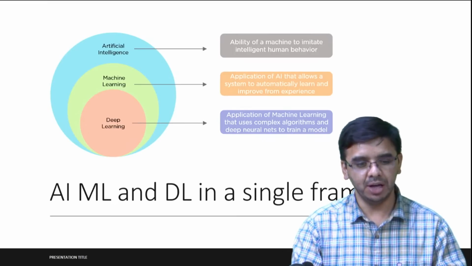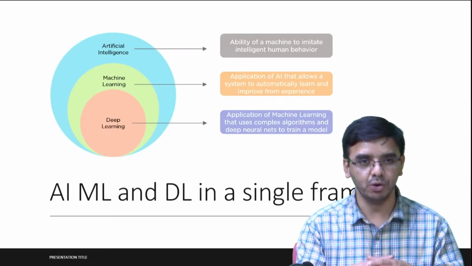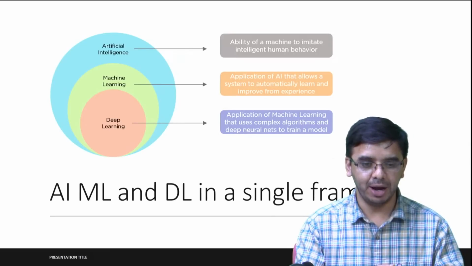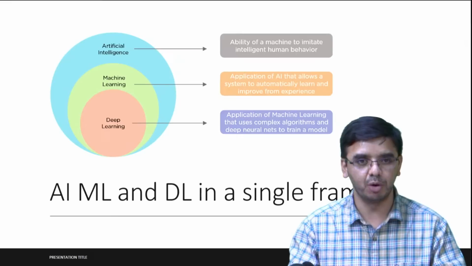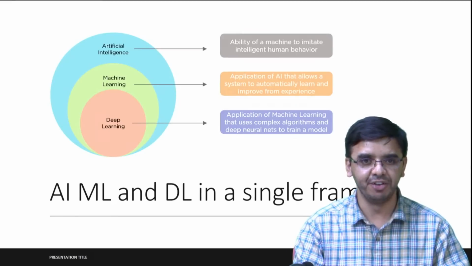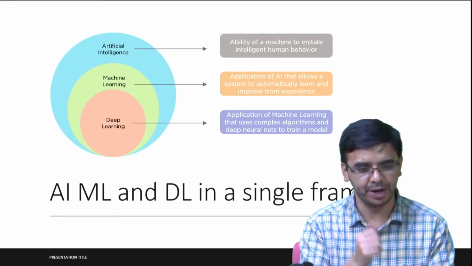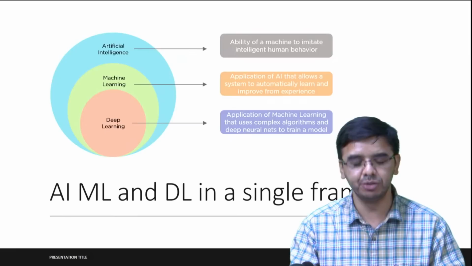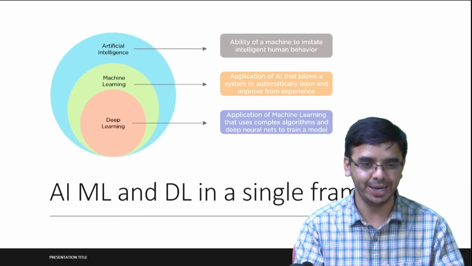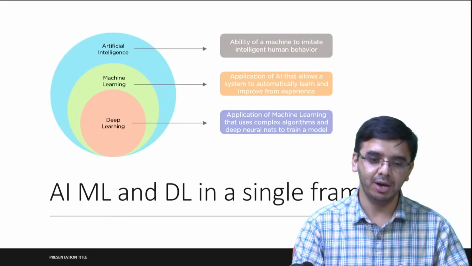Then there is a subset of machine learning called deep learning, right? Deep learning is also an artificial intelligence technique which learns from the past data, but it learns differently. Machine learning may be some statistical or other kind of technique, but deep learning is a subset of machine learning which also learns from the past data, but uses something called deep neural networks for learning.